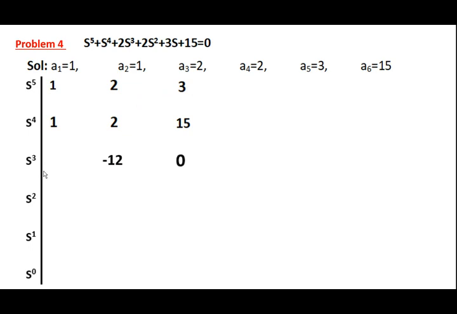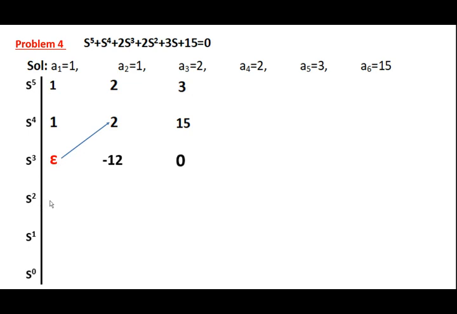So remove that 0 and in place of 0, place epsilon, that is a small positive value. You are placing epsilon in place of 0 because 0 should not be present in any row as a first element.